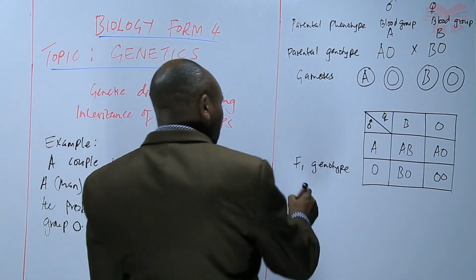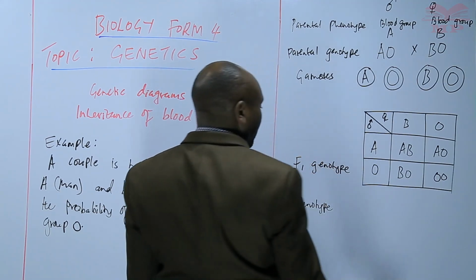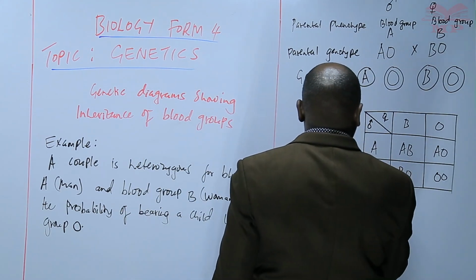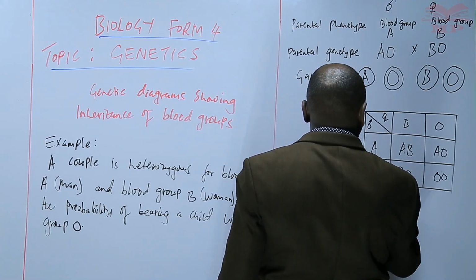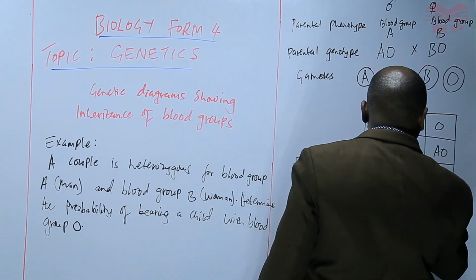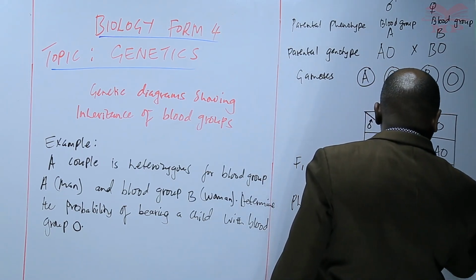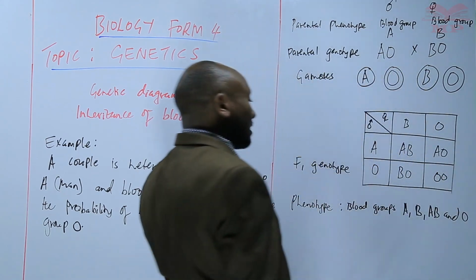So the phenotypes are the blood groups. We have blood group A, B, AB, and O. That means all the blood groups are there.